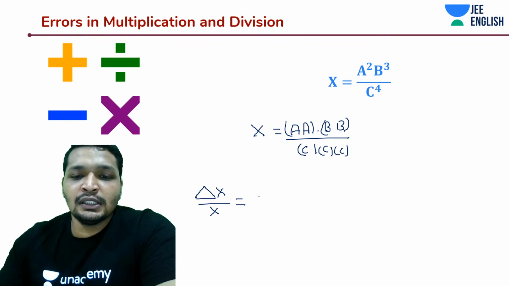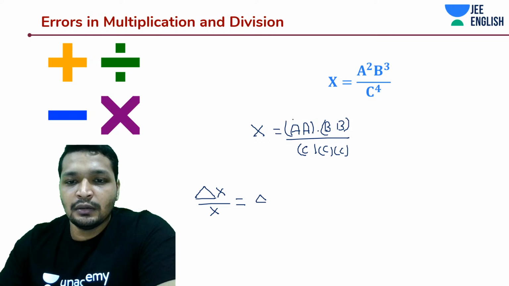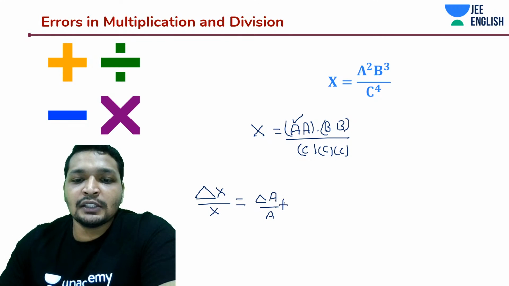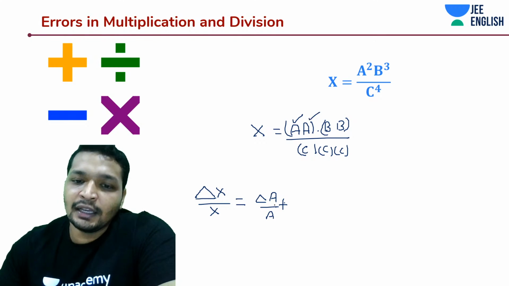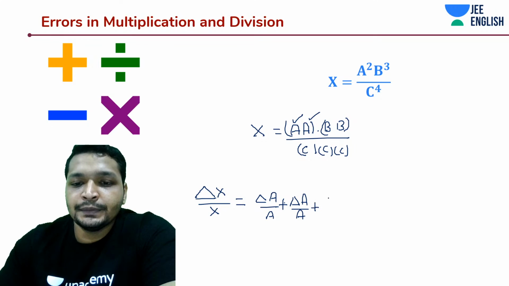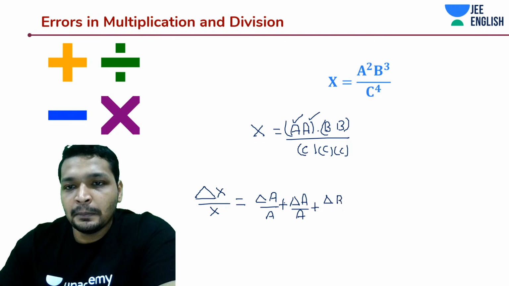Okay. How much is this? Delta first multiplicand, delta a by a, plus of delta a by a again, plus of delta b by b.